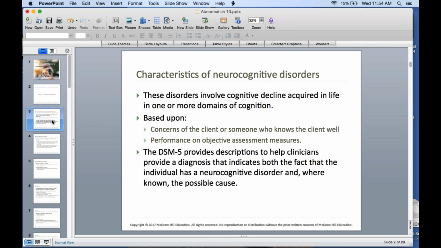Okay, so with the neurocognitive disorders, we're talking about things that involve cognitive decline. To you, it will look like intellectual decline. It will look like the person is losing their ability to live independently and function independently, remember things. All of that is what we mean when we talk about cognitive decline.